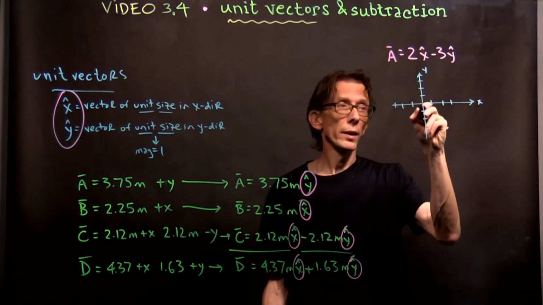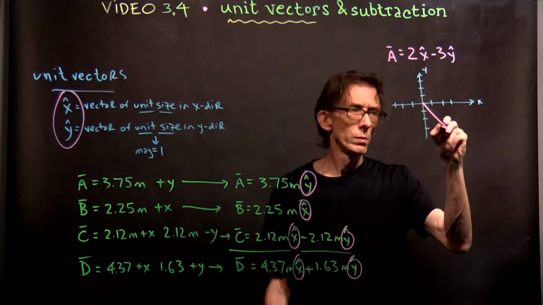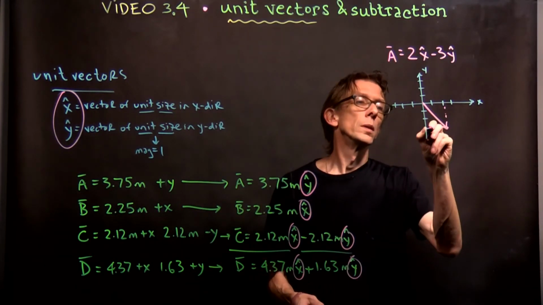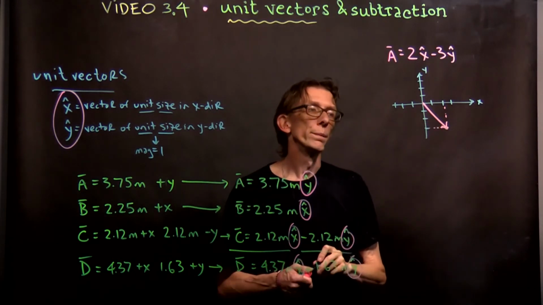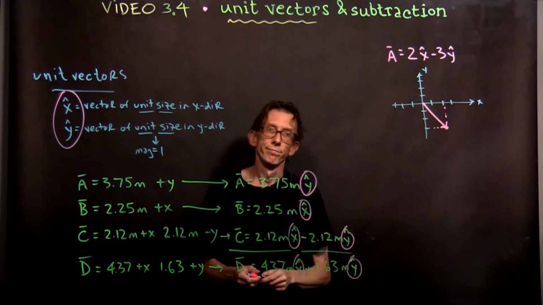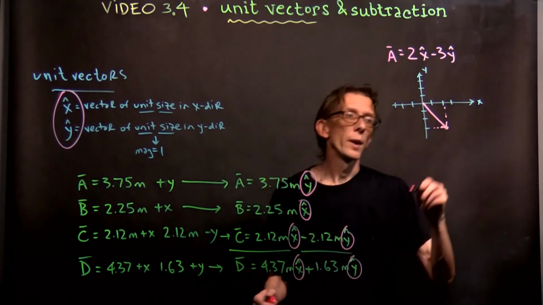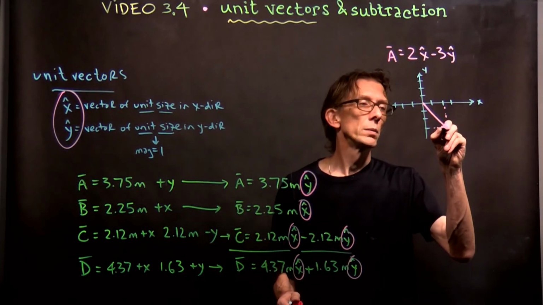That's the end point of our vector. It goes 2 over and 3 down, pointing roughly southeast. That's our vector A right there.